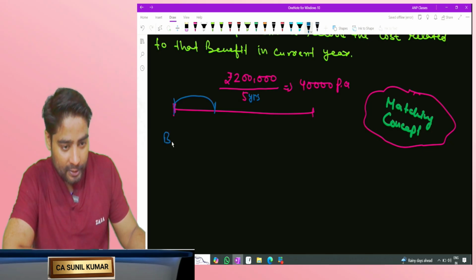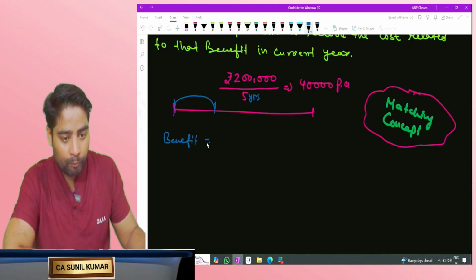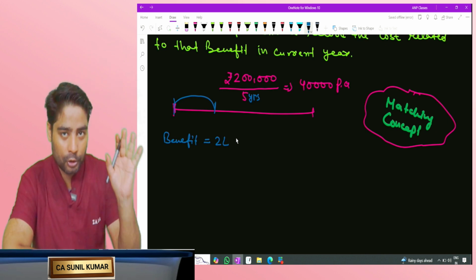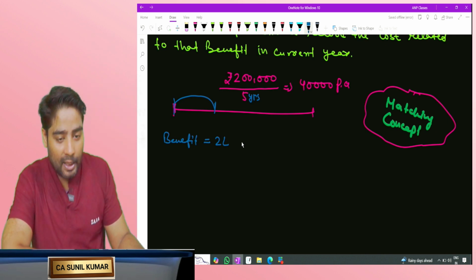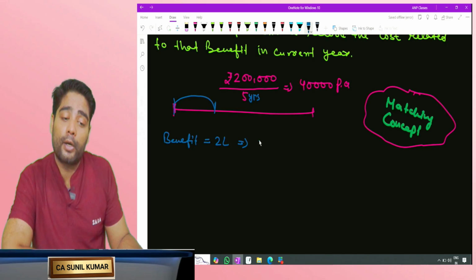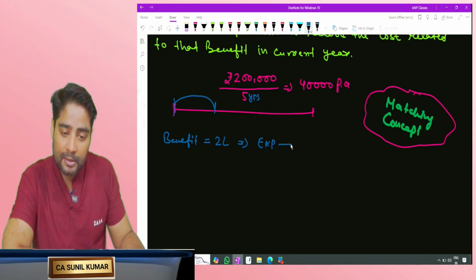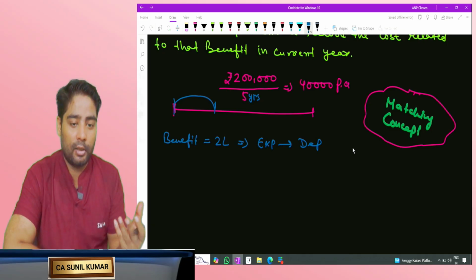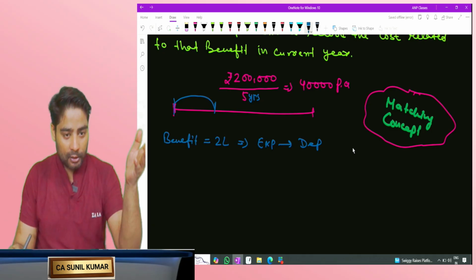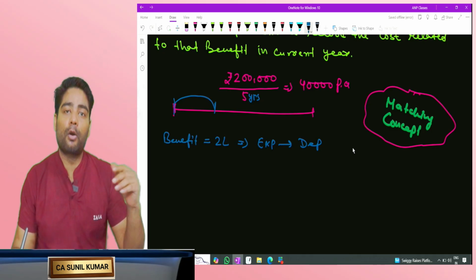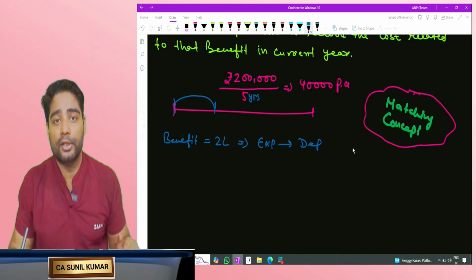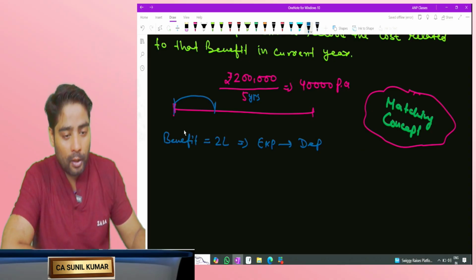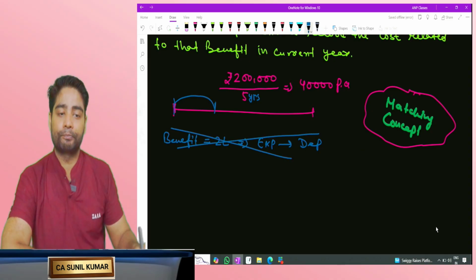Sir, if you say that the benefit you have taken is 2 lakh, that is the whole amount, then the whole amount will be recorded as your expense, and this expense name is depreciation. Okay, but sir, it is not done because the seller of that furniture said that you can use this asset for 5 years. So that is not the problem.